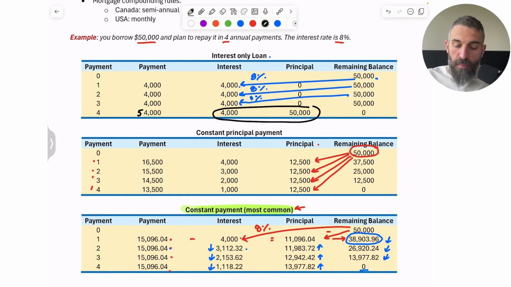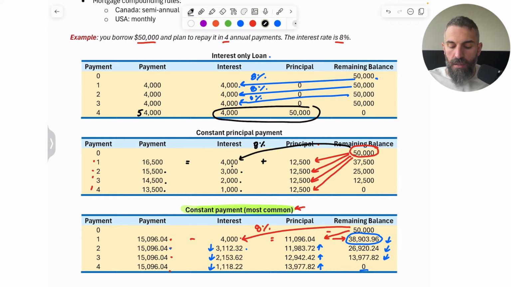But you also have to pay your interest. So again, 8% of 50,000 is 4,000, excuse me. So in this case, what's happening is these two added up determine what your payment is. So in the first year, your payment is 16,500. But because the interest portion is declining, your payment is also declining.